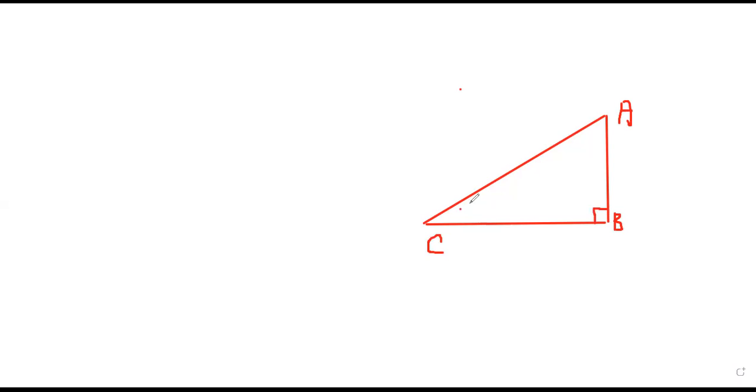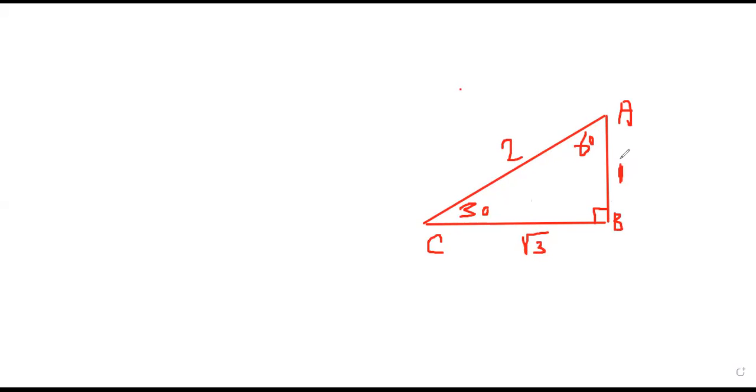And we said that this angle is 30, and this angle is 60, and we have already 90. The side opposite to 30 will always be half the hypotenuse, and this one will be √3.